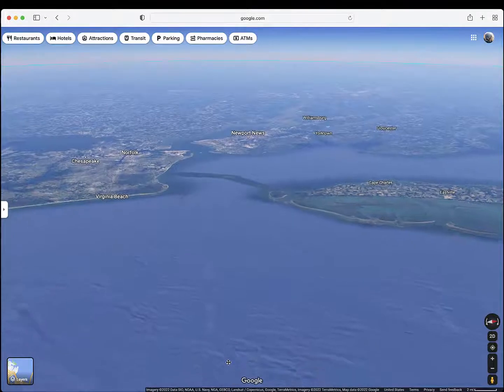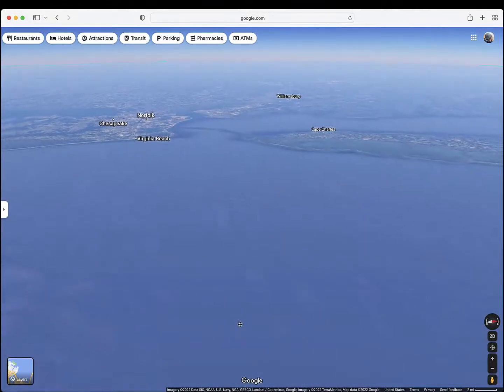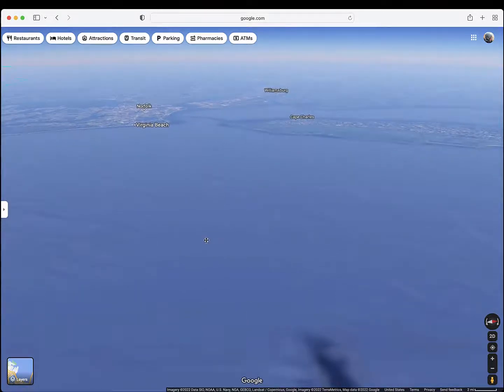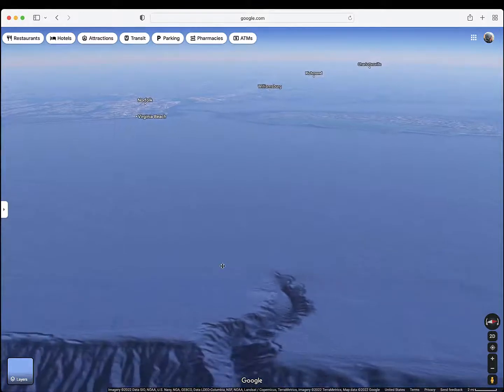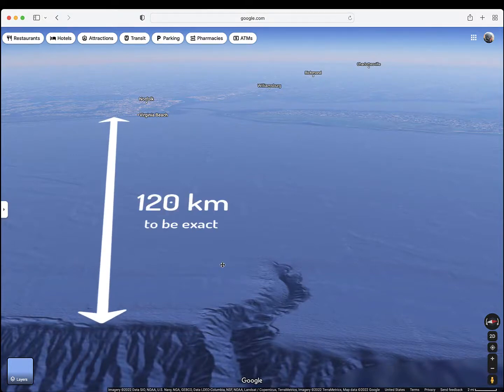The submerged former coastal plain that forms the modern continental shelf is a relatively wide, flat sedimentary platform. Its width varies, but is much wider in comparison to active margin continental shelves. For instance, here in the Virginia Beach area, it is over 100 kilometers wide.